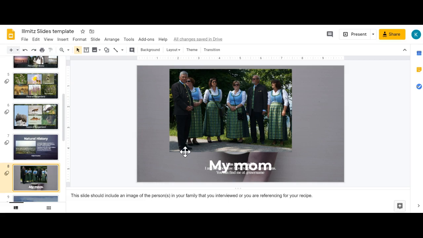Perhaps you have decided to make a recipe of a grandfather who always prepared a certain dish, and I invite you to put that image of a grandfather or great grandfather in. It does not have to be a living person, but when you are doing this, be sure that you just identify who that person is in relation to you.